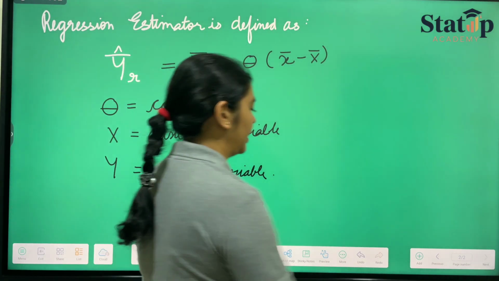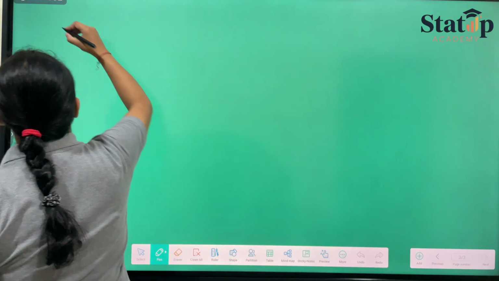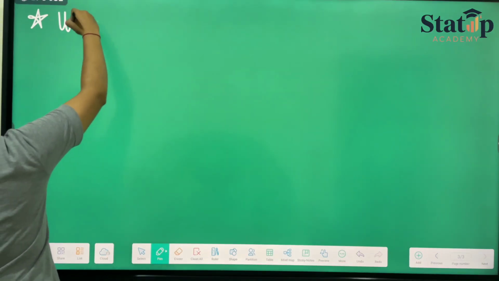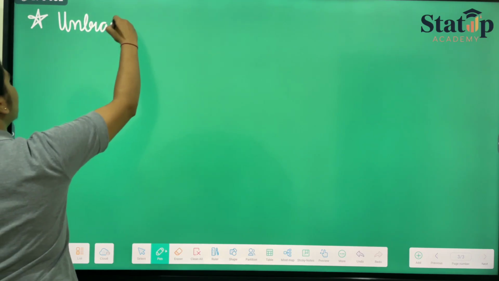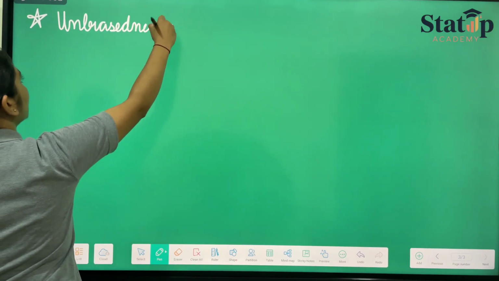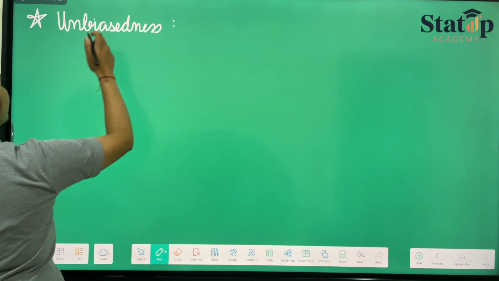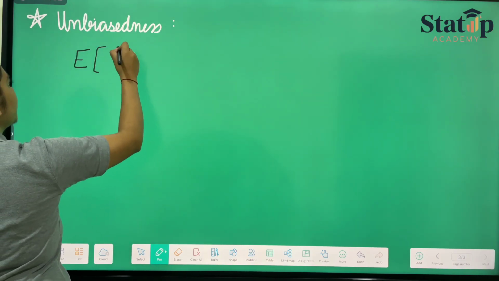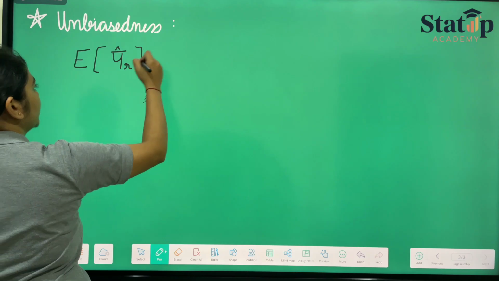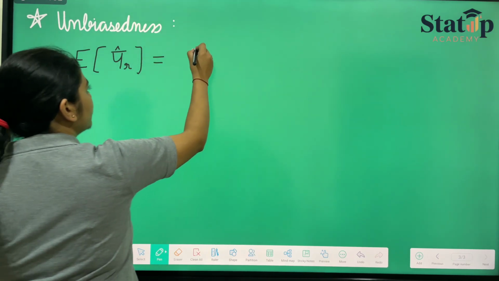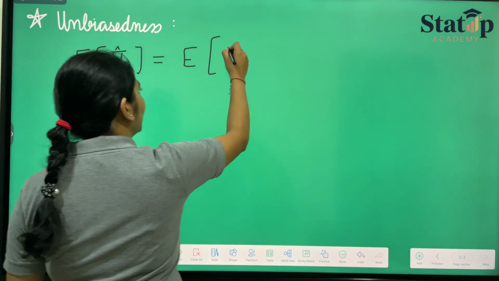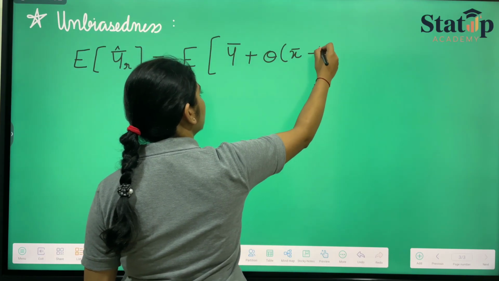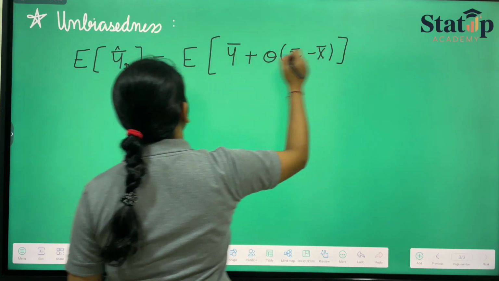Now we'll first find out the variance. What is the estimation of this, the unbiasedness? For unbiasedness, we will take estimation of y mean of regression estimator equals to estimation of capital Y bar plus theta into small x bar minus capital X bar.